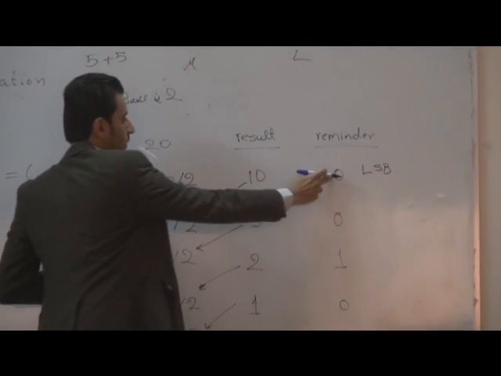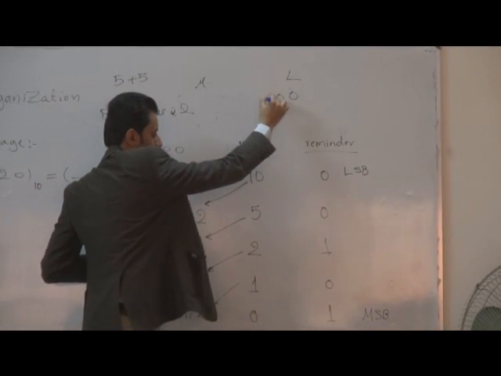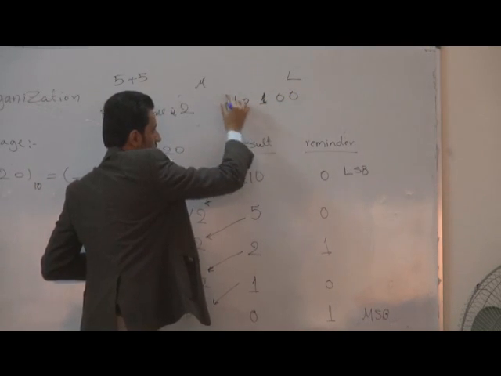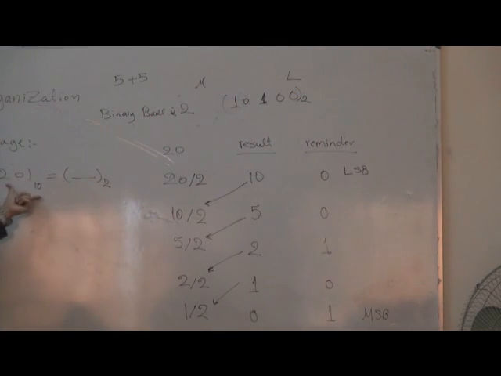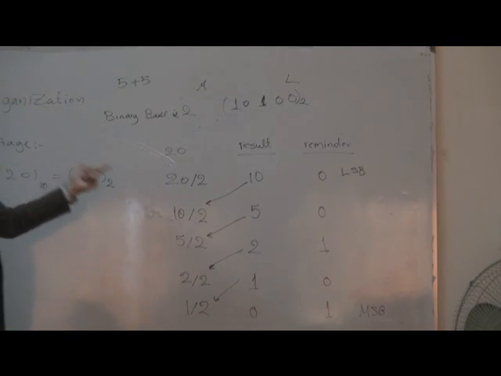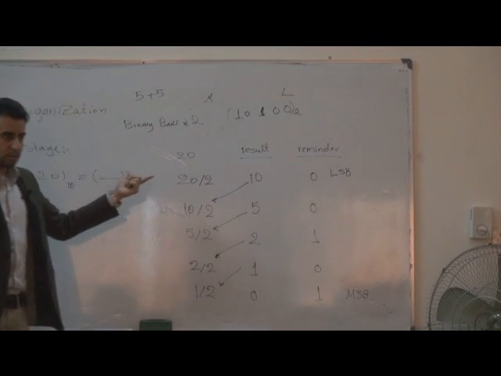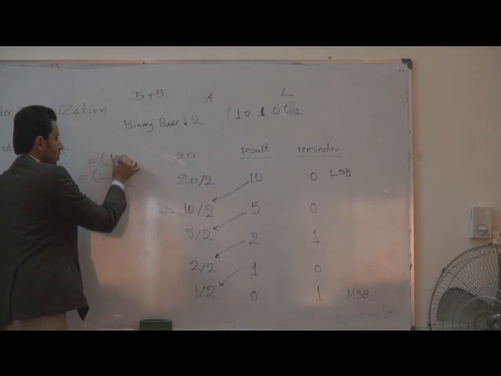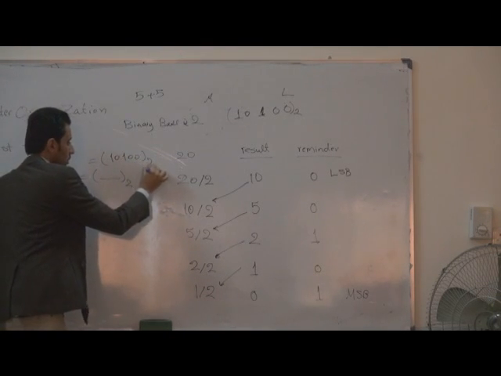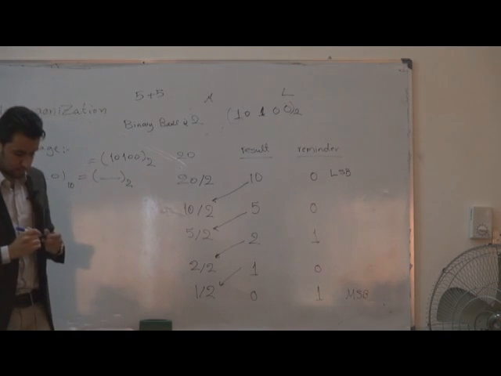So we start from the least: 0, 0, 1, 0, 1. Now we have converted 20 from decimal form into binary form. The result will be 1, 0, 1, 0, 0, in binary system form.